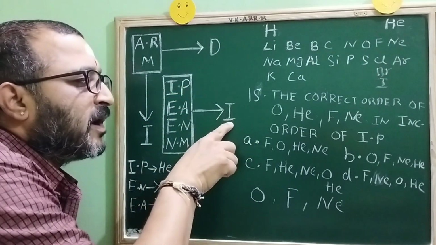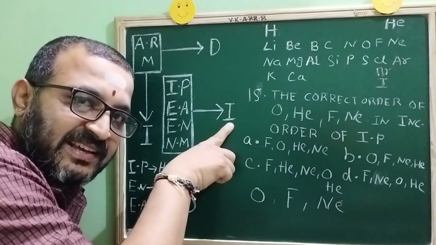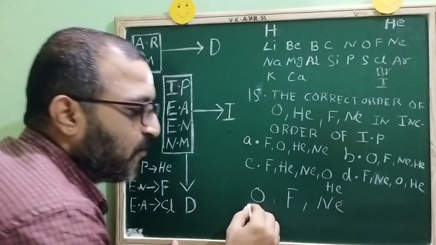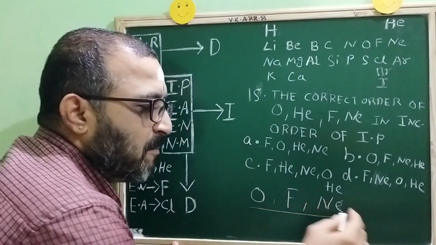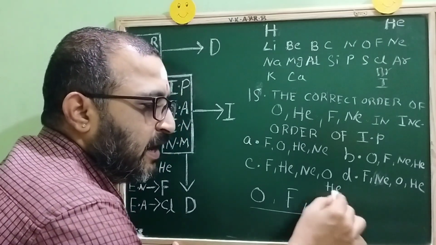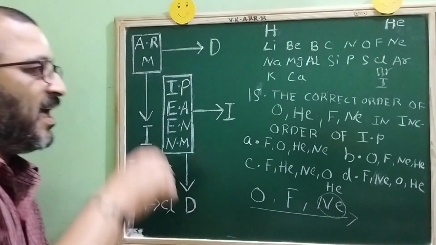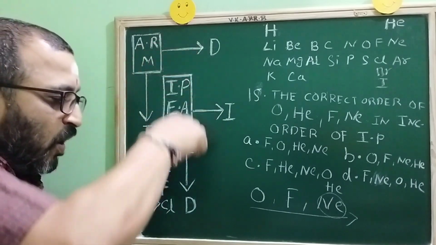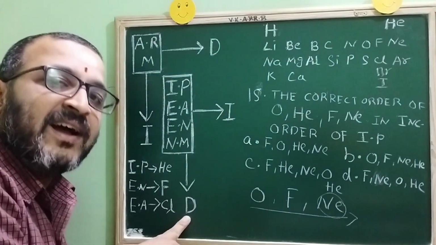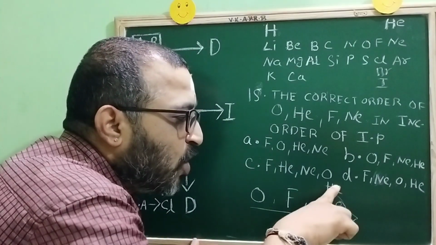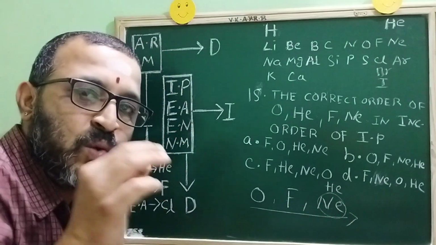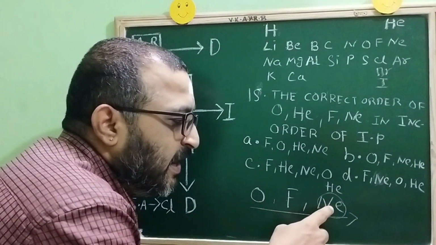IP across the period is going to what, children? Increase. That is, out of these 3, the one with the maximum IP will be neon, right, children? Then IP, when you go down the group, is going to what, children? Decrease. That is, out of helium and neon, the one with the less IP will be neon.